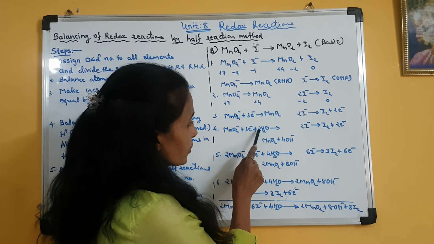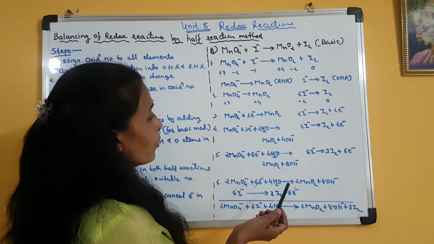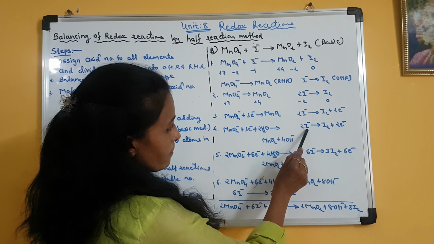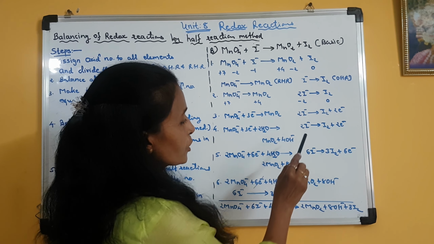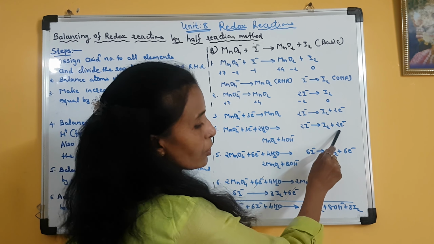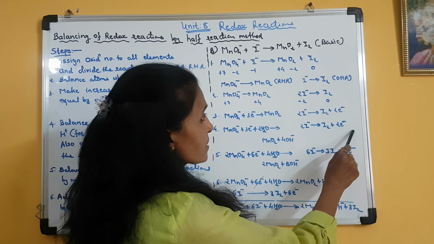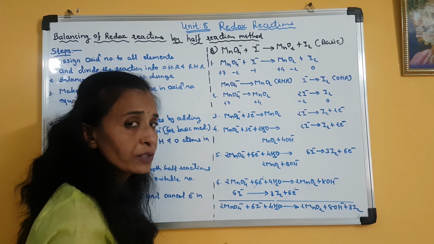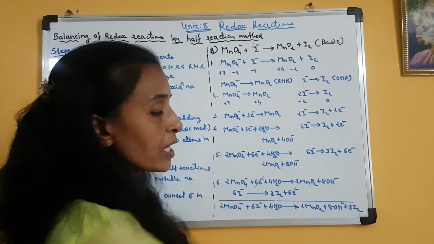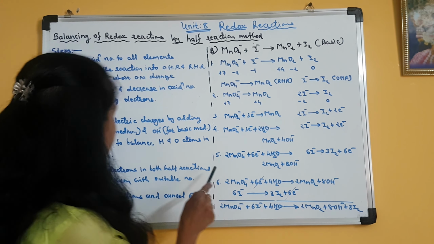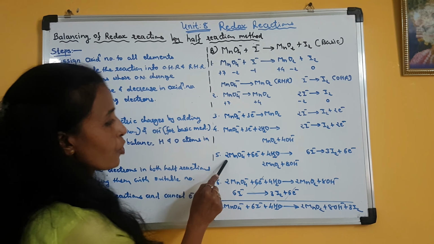Clear? Okay. Then one more thing, here you can see 2I minus, we are balancing the charge. So minus 2 charge, here also minus 2 charge. So in the oxidation half reaction, we need not add OH minus or water, because the charges are already balanced. Clear?